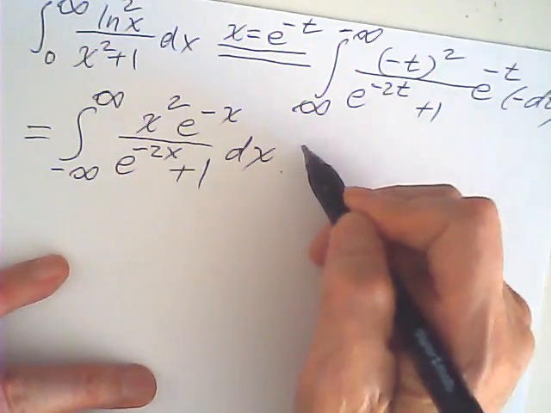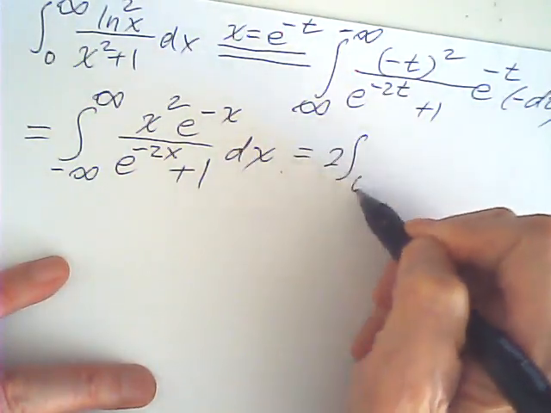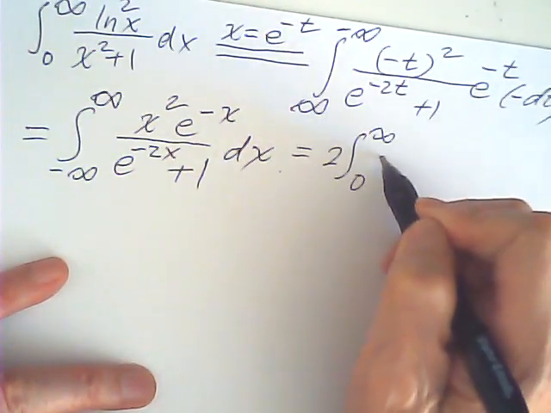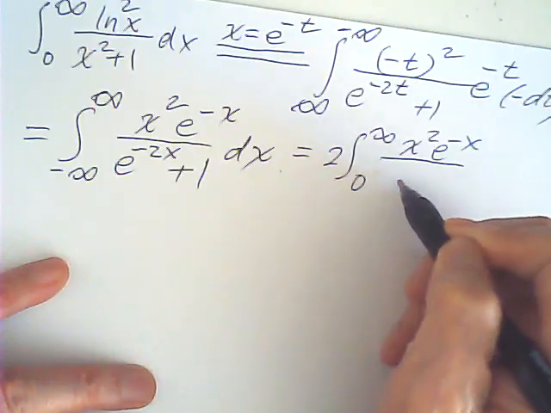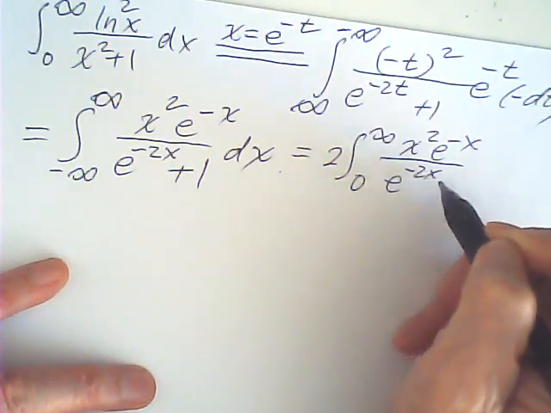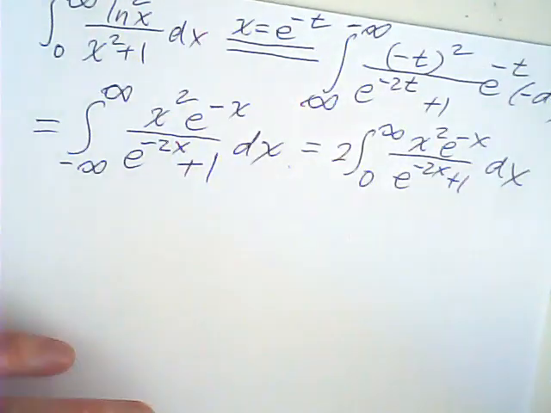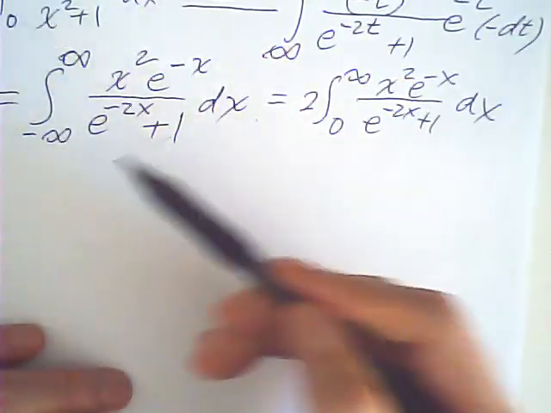If it's an even function, then this is equal to twice the integral from 0 to infinity of x squared e to the negative x over e to the negative 2x plus 1 dx. Why? Because this is even.